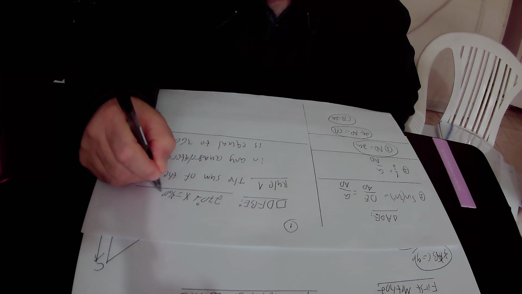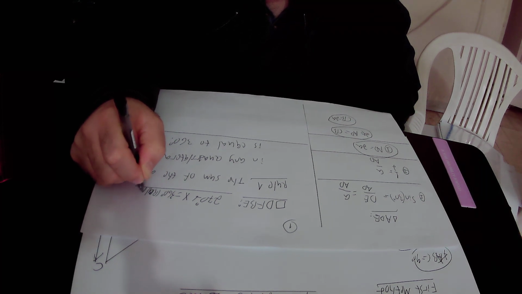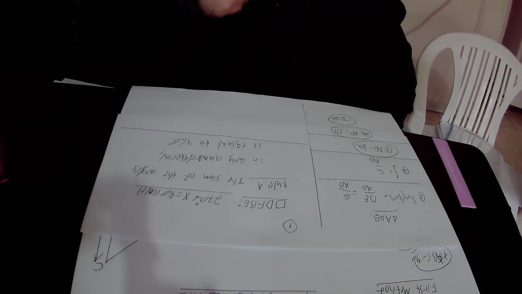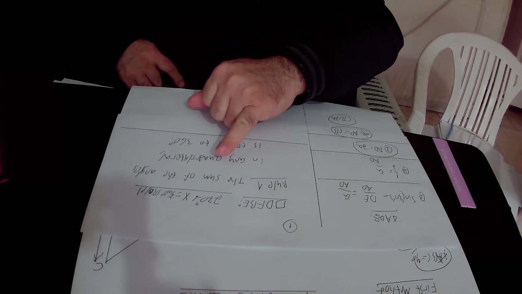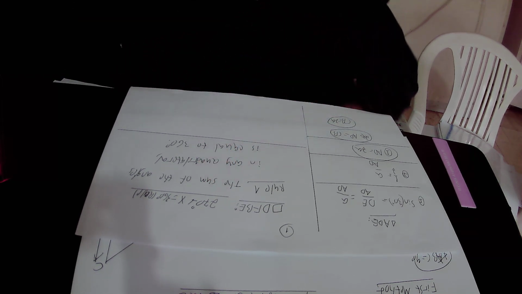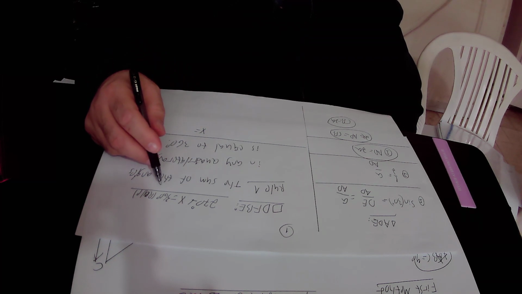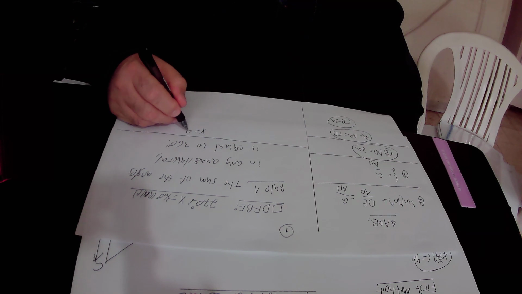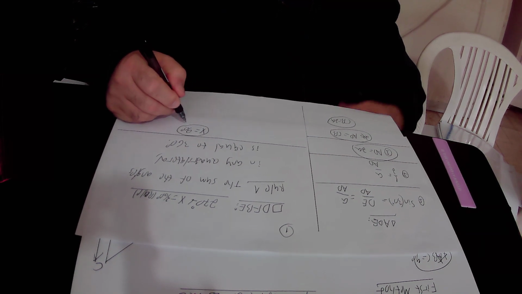According to rule number 1, here we will subtract 270 degrees from this equation, and we will get that the value of angle X will be equal to 360 degrees minus 270 degrees, which is 90 degrees. So we found out that the value of angle X is equal to 90 degrees.